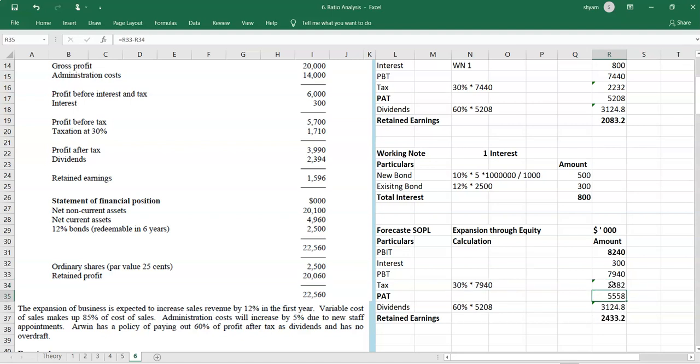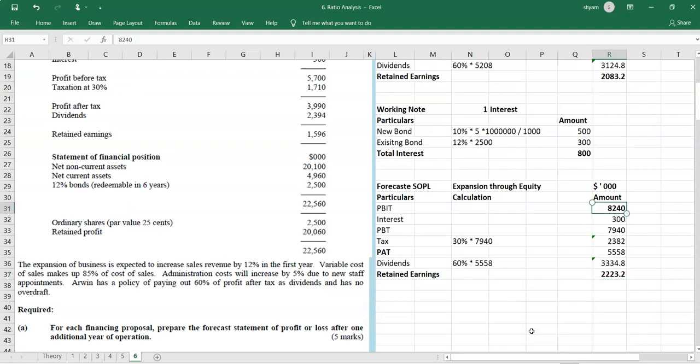Not that alone, I think it changes. So the dividend is declared from this amount, 5558. So we have to change that also. Okay, so the number comes to 2223. So our earnings that is going to go is 2223. So this is a change here. When you change the interest, PBIT is the same, but PBT changes. So tax will also change, and dividend will also change.